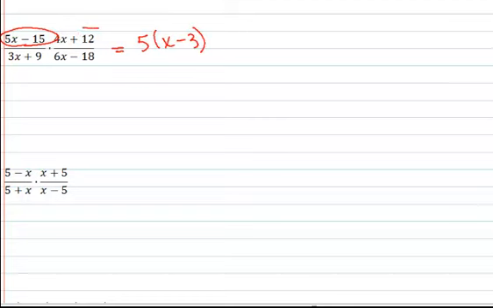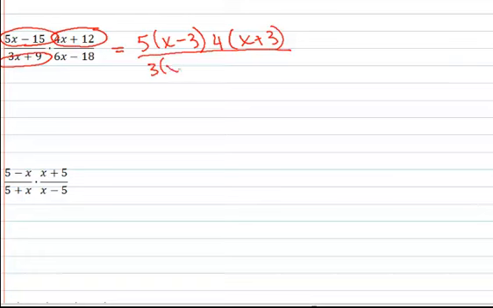And then we factor this next. Again, a GCF of 4 and x plus 3. And then we look at our denominators. So we've got that, which is 3x plus 3. And then we look at this one, which has a 6, and again, x minus 3.